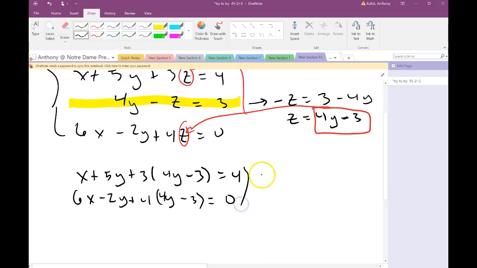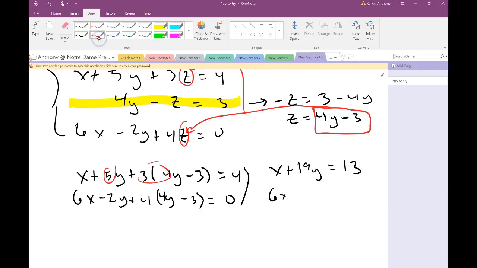And when I simplify these down, I get x plus 12y plus 5y is 19y, and then add 9 to the other side gives me 13, and then I have 6x plus negative 2y plus 16y is 14y, and then I add the 12 to both sides. So this is my system.